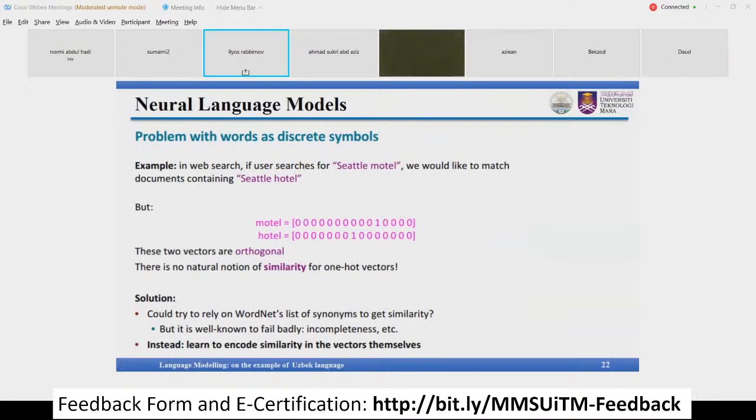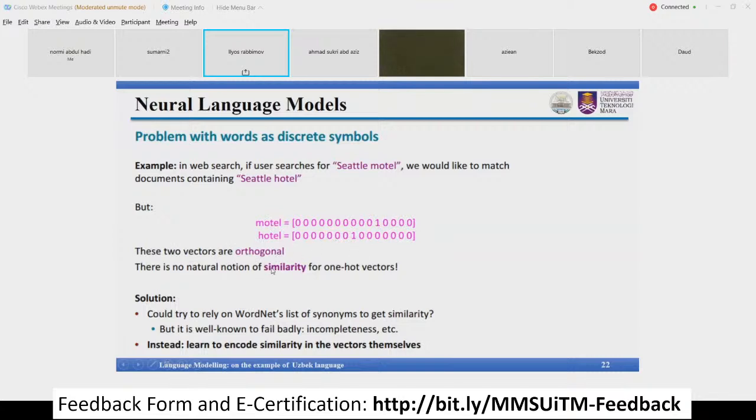Problem with words as discrete symbols. For example, in web search, if a user searches for Seattle motel, we would like to match documents containing Seattle hotel. But the motel vector is here and the hotel vector is here. These two vectors are orthogonal.